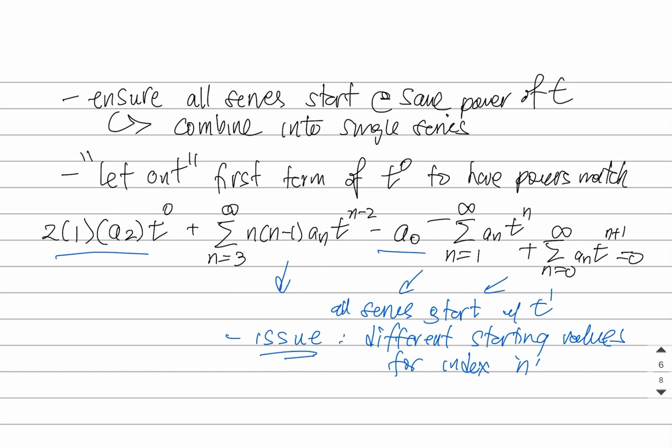That's no good. This index starts at 3, this one starts at 1, this one starts at 0. What we have to do is redefine the index so that we can combine them into a single sum.